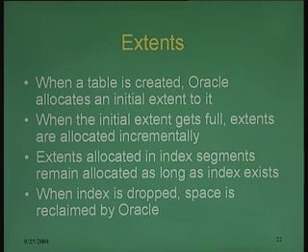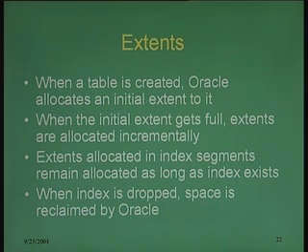And an extent, as we said earlier, is a set of contiguous data blocks. So, whenever you create a table, Oracle allocates an extent to it, and more extents are added to the table as and when extents become full. And these extents are managed by segments.